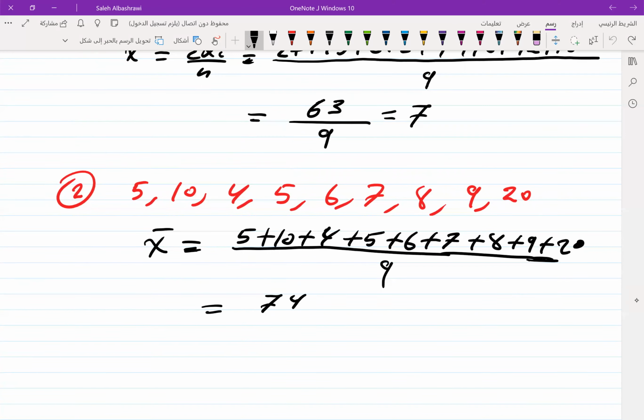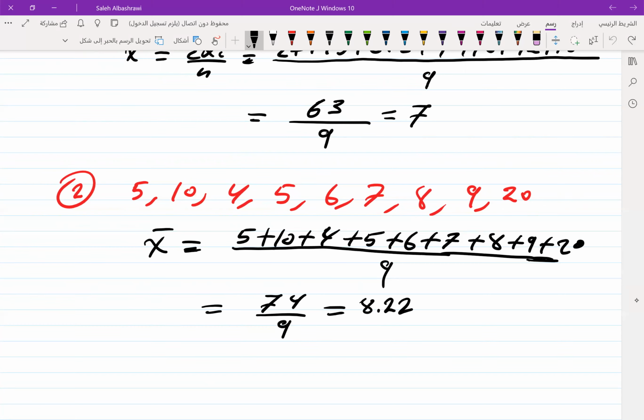So this is 74 divided by 9, which is equal to, by the calculator, 8 point something. 74 divided by 9 is equal to 8.22. So the average or the mean of these values is equal to 8.22.